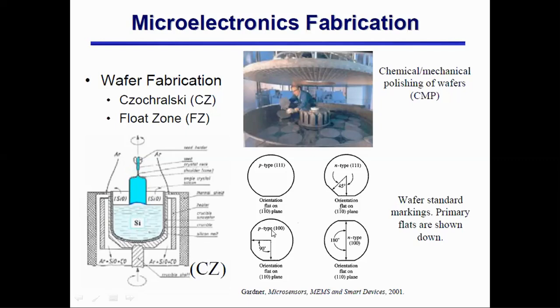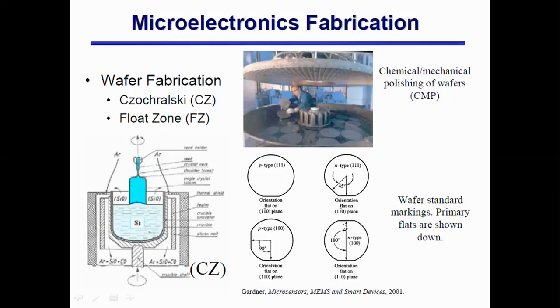This is a P-type silicon wafer, the top surface is made of the 100 plane, and the flat represents the 110 plane. Here this is an N-type 100 silicon wafer, and the flat represents the 110 plane.